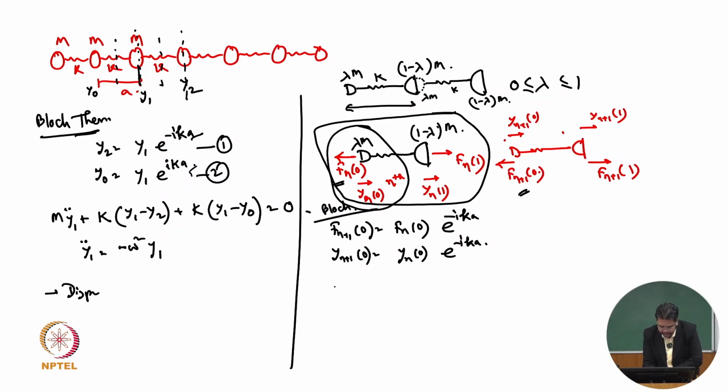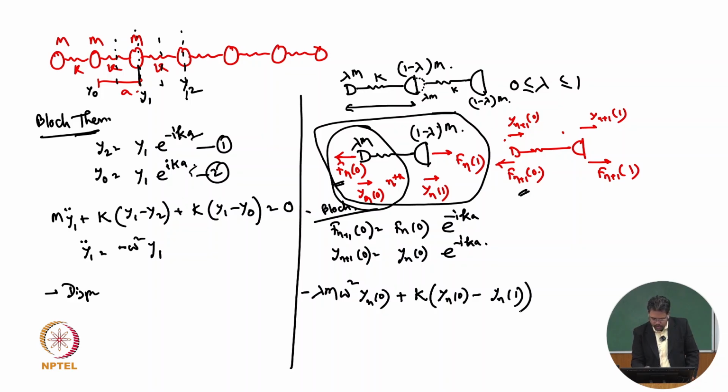So this portion, if I write it, what happens? Lambda times m minus omega square times y0n plus k times y0n minus this, equal to Fn0. Agreed? Anybody who did not understand, please let me know. All of you got that?